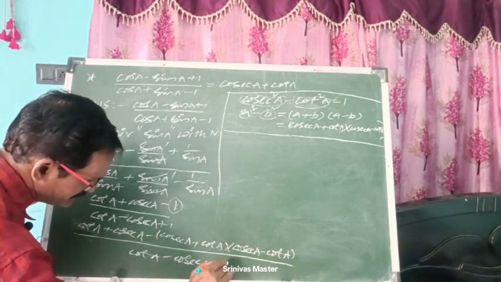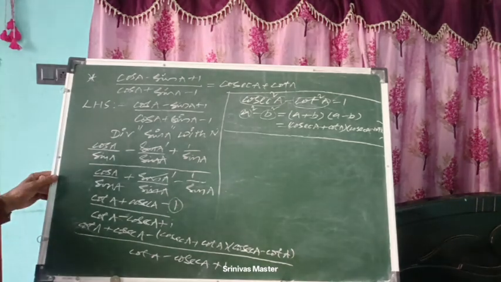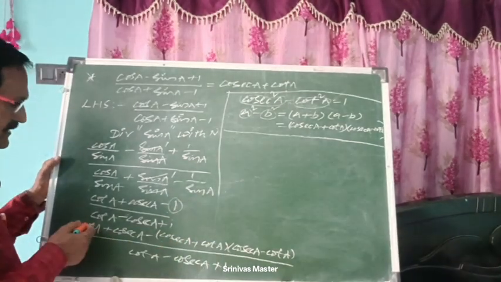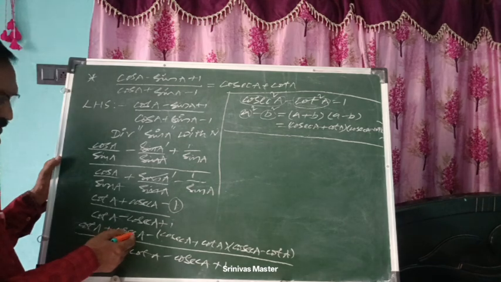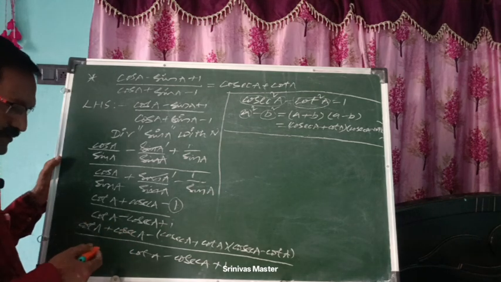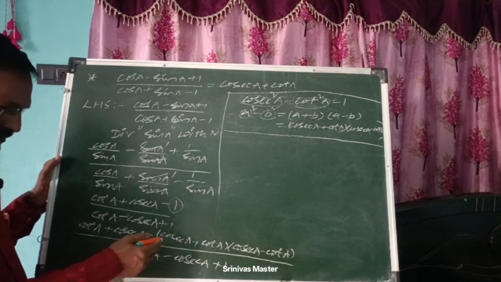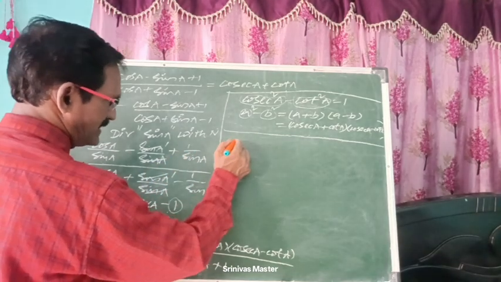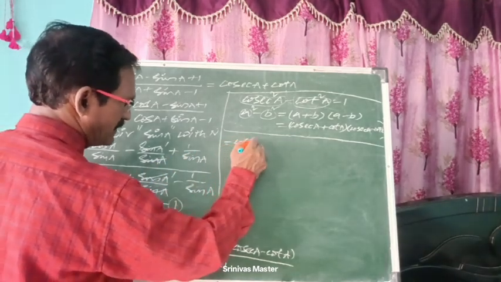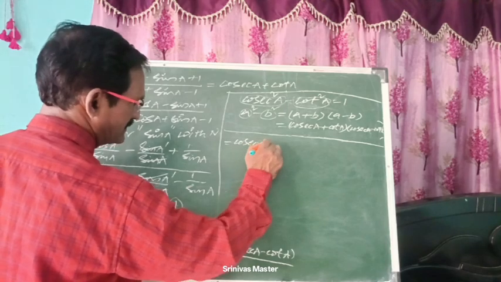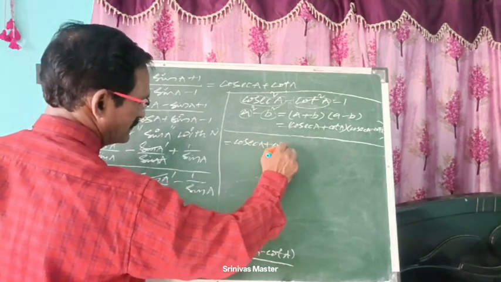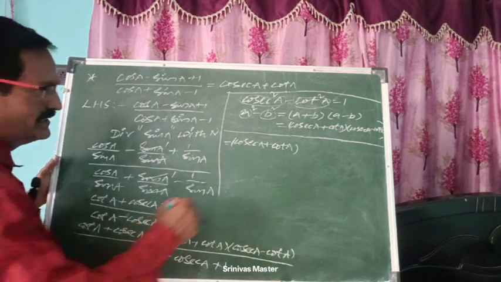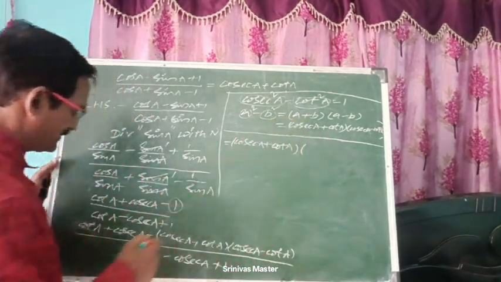plus 1. Okay, now if you observe the numerator, here cosec A plus cot A, here cot A plus cosec A. That means cosec A plus cot A can also be written, no? So overall, what is the common factor? Cosec A plus cot A is the common factor. If we take that cosec A plus cot A as a common factor from the numerator, then what are the remaining terms?